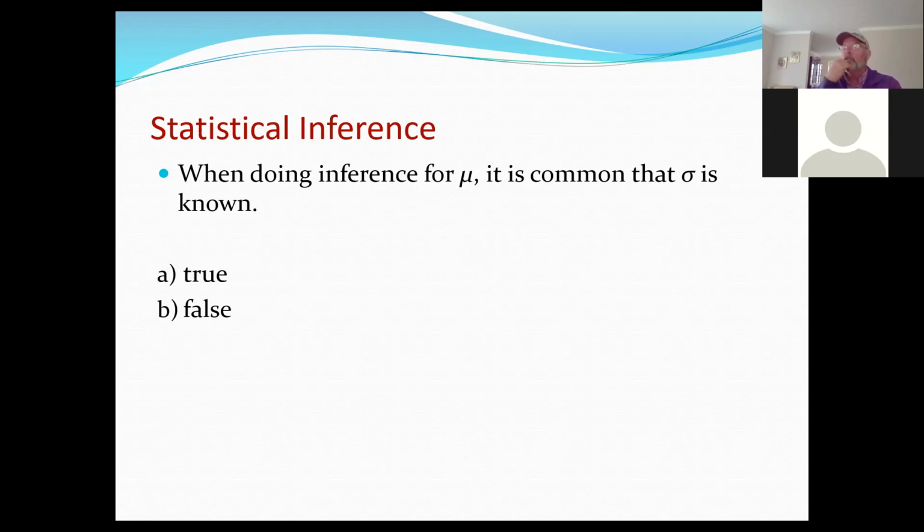So the answer to this is false. But in our effort to build confidence intervals, we're assuming that we do know the population standard deviation sigma. In real life, if we don't know the population mean, we probably don't know the population standard deviation.